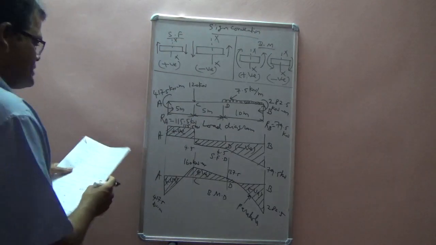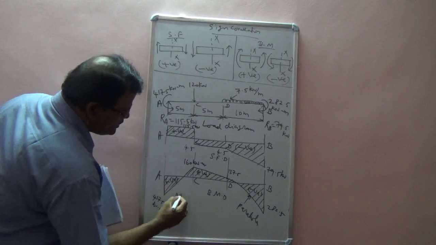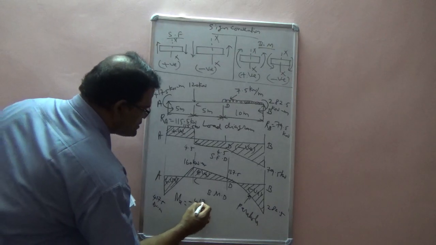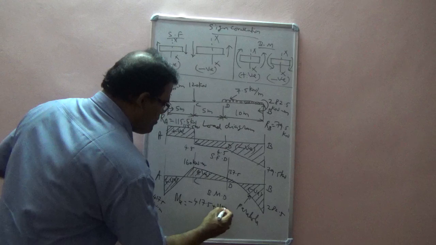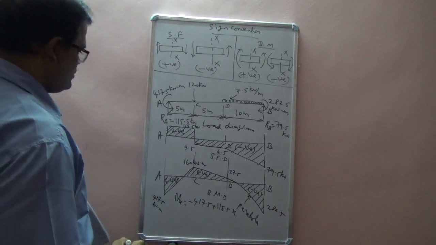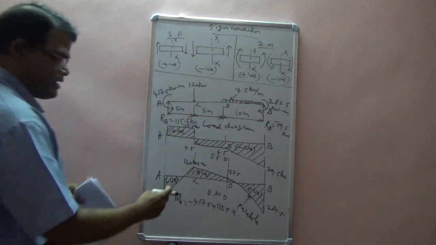So between AC, the bending moment equation is M(x) equals minus 417.5 plus 115.5 multiplied by x. This you have already written there.